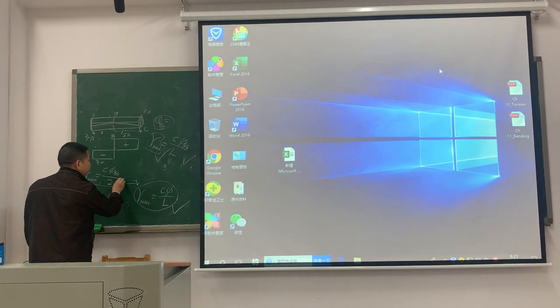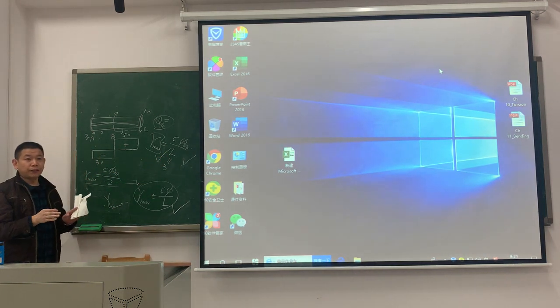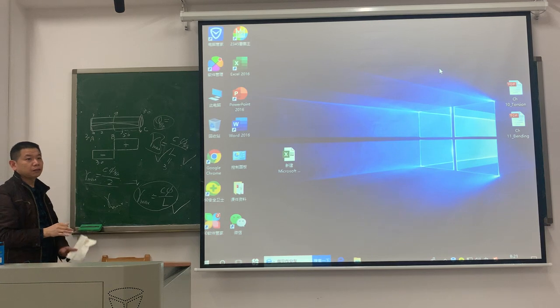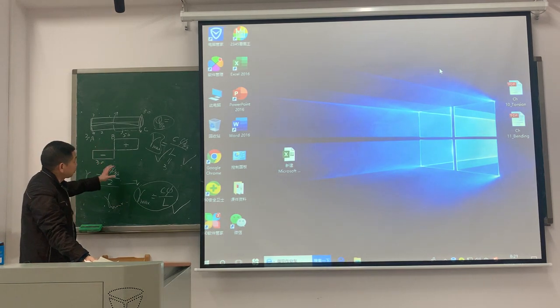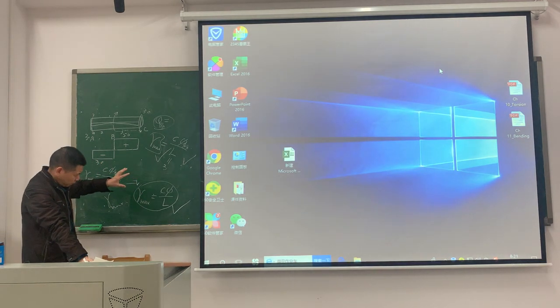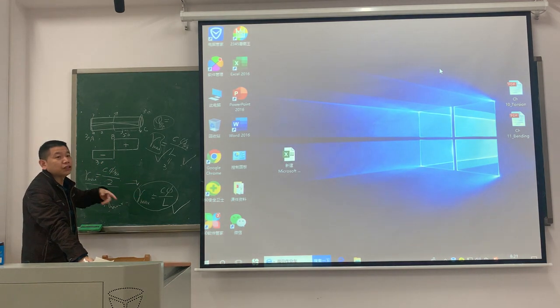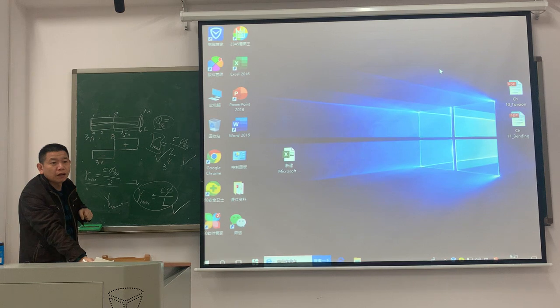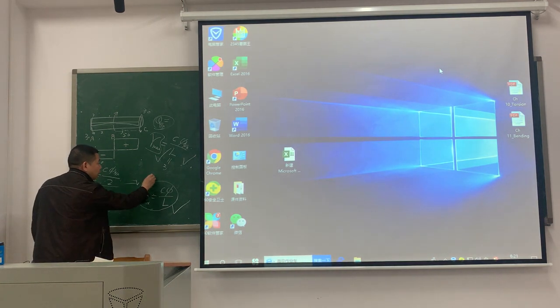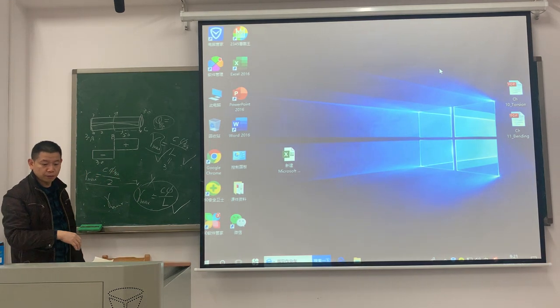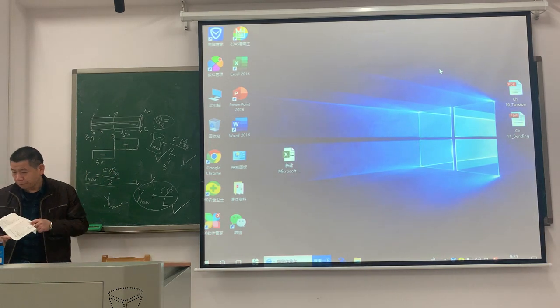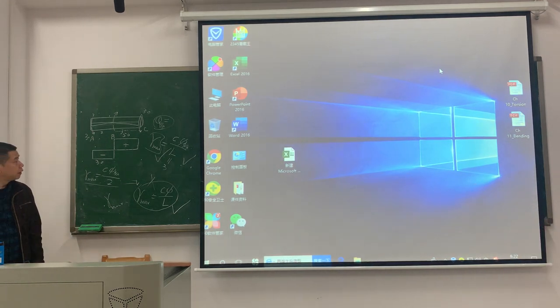So after you find the two values, select the biggest one as the answer. Understand? So this formula is not right for the problem.